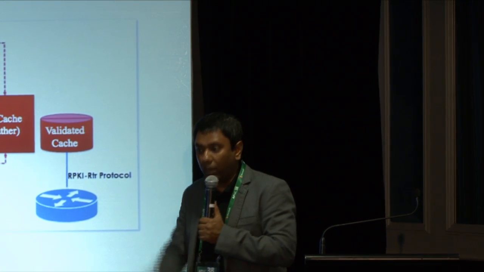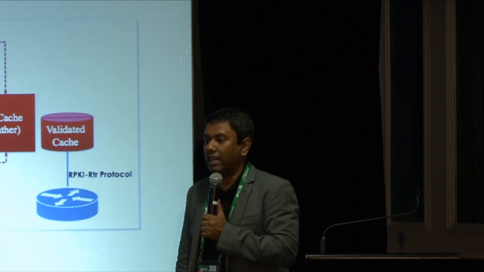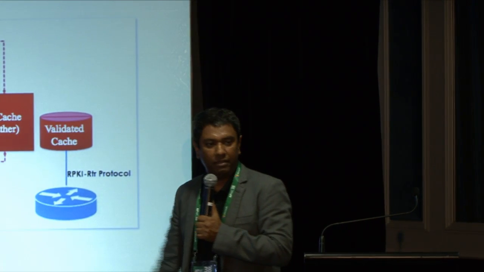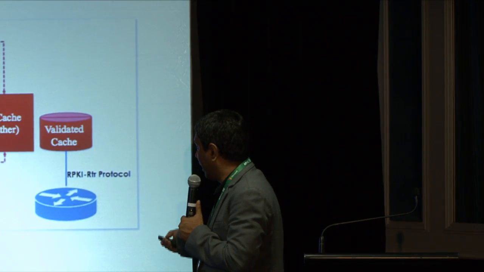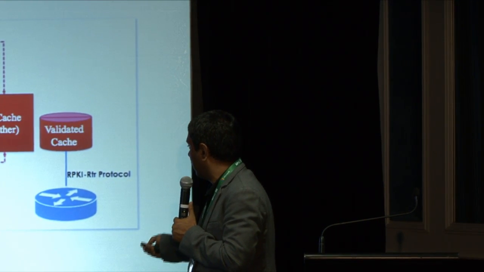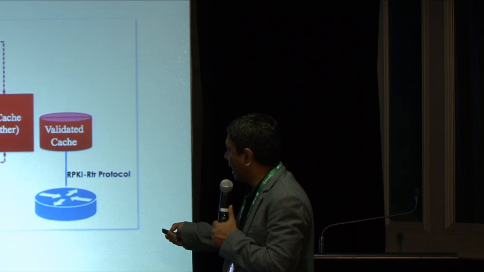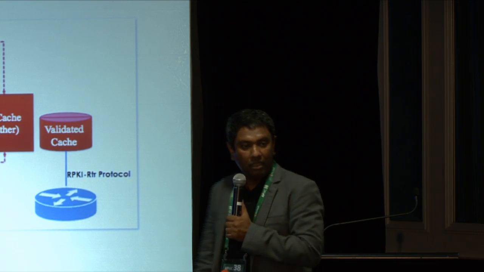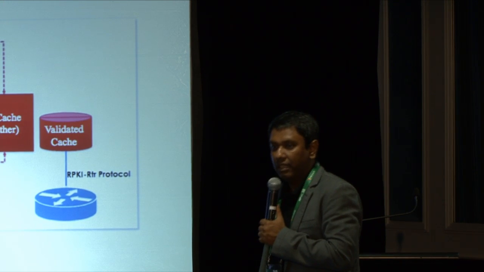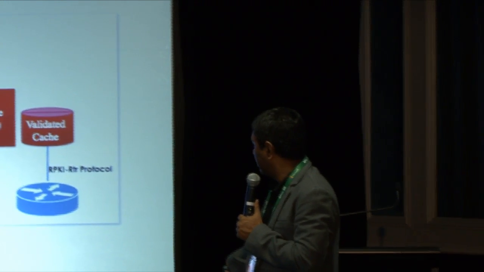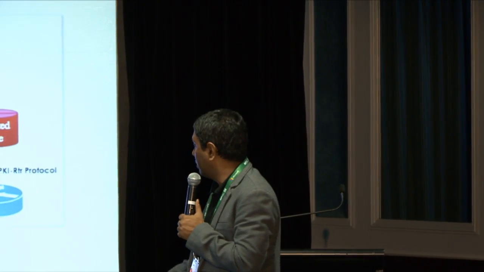But when the router listens to it, the router will not understand all those things. The router just needs to know whether the certificate is valid or invalid. So that validation will be done by the RP cache. You see the RP cache, they'll go and collect those ROAs. So routers, when they listen to those ROAs, they'll just go and listen to this RP cache.